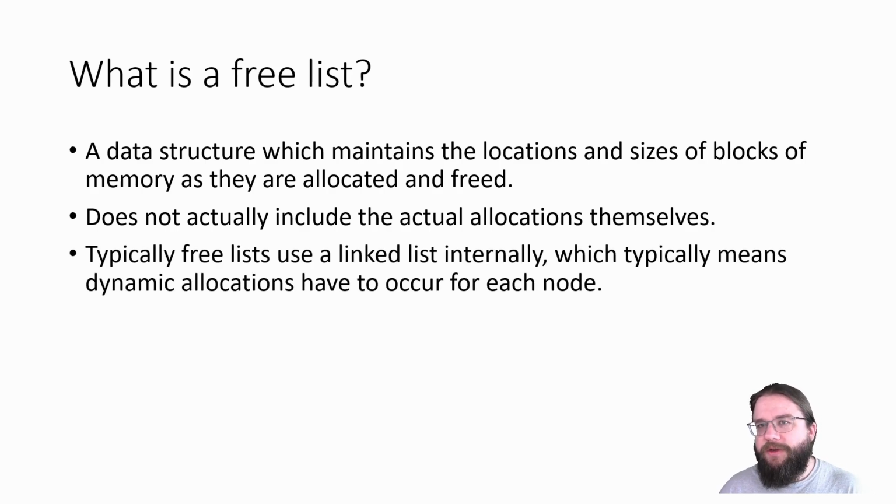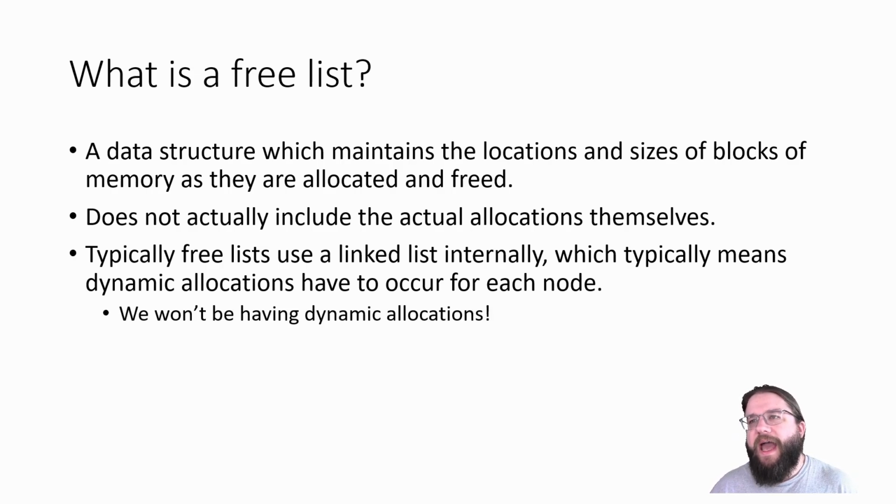Most free lists use a linked list internally, and this one will be no different. However, this typically means dynamic allocations as we add and remove elements or nodes to the free list. And as you guys have probably gathered, we don't really want to do that. That's the reason we're writing our own allocators and things like that. So in our case, we won't be having these dynamic allocations, at least not once per node.